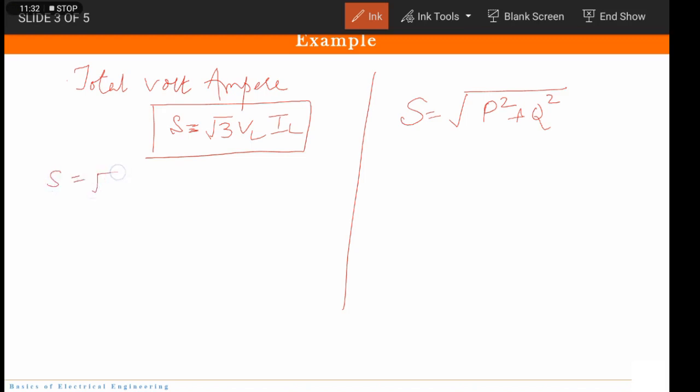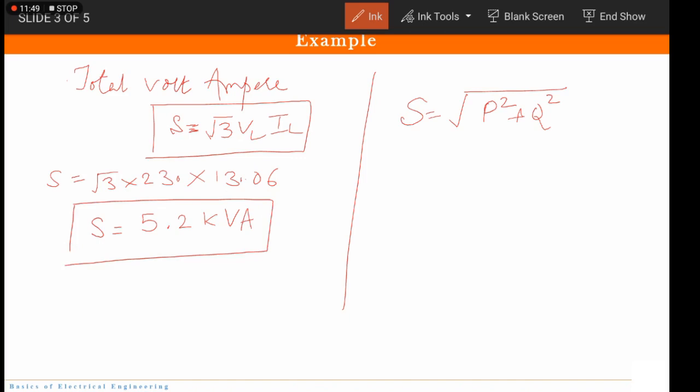So let us calculate it both ways. S becomes root 3 into 230 into 13.06. So S comes out to be 5.2 kVA. The next method is you can directly calculate S by using this. So P was 4092 square, Q was 3210 square.